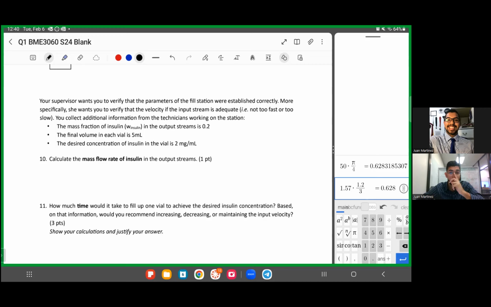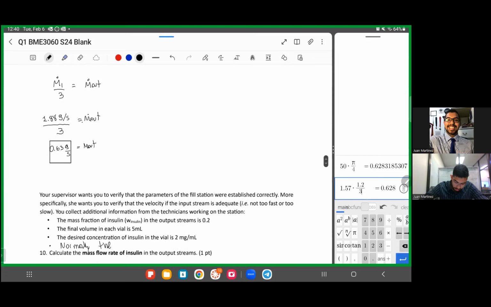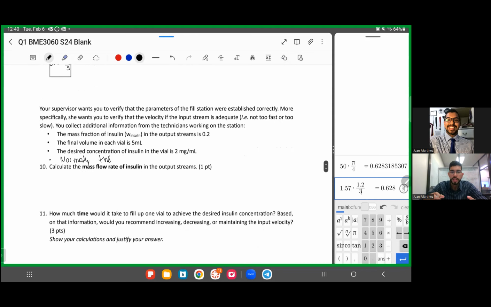Something that I don't have here that you did have in your quiz is that normally the motion of the vial is like 1 second.